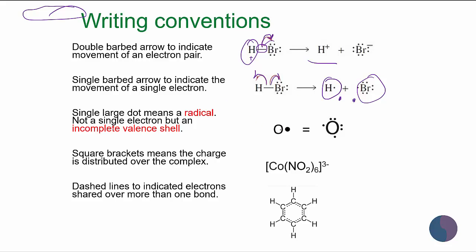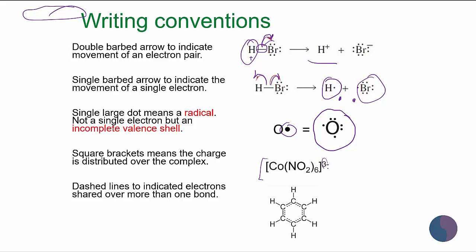Okay, so the radicals we've done a few times. If it doesn't have a full valence electron shell, it is highly reactive. When you do a big dot like this, it's going to react with the first thing it comes in contact with, either to form a covalent or ionic bond, one or the other, or something else. Square brackets we've done with Lewis structures, Lewis dot diagrams.